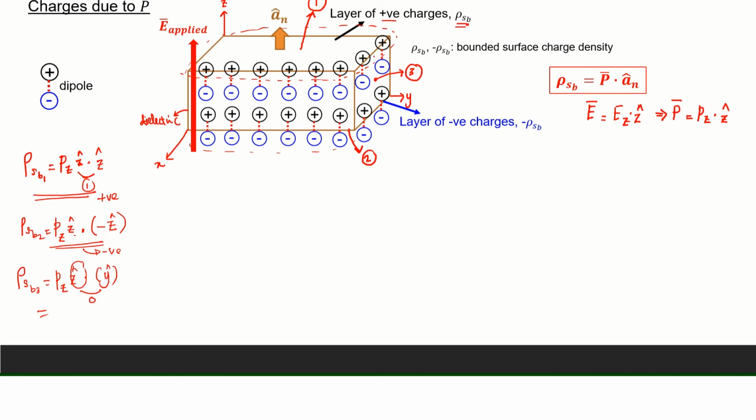So the value of rho SB3 will automatically be 0. If the direction of the surface is different from the polarization, it gives 0. For example, these surfaces give 0, and this surface also gives 0 because it is in the x direction. So the only surfaces that give a value are the upward surface and the bottom surface.